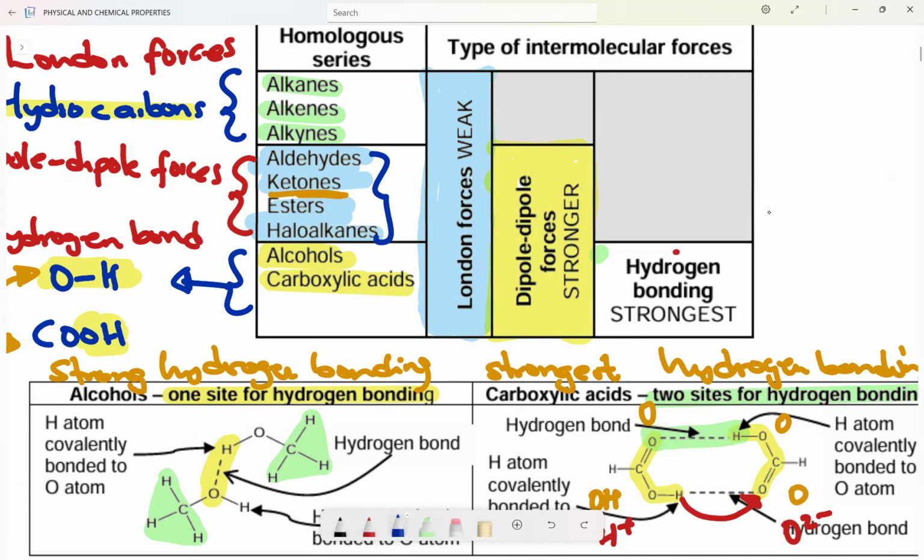It is very important to know organic chemistry, all of it, because it contributes 50 marks of your question paper on paper two.